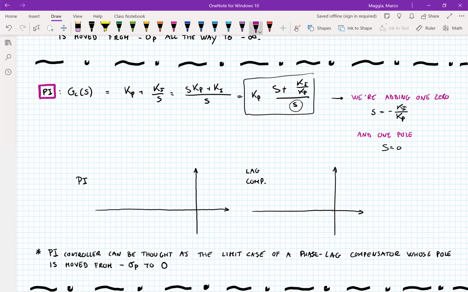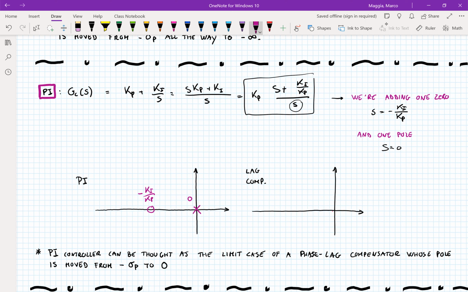So a PI controller adds to the uncontrolled system both a negative real zero and a pole at the origin. Now let's draw the parallel between a PI controller and a lag compensator.